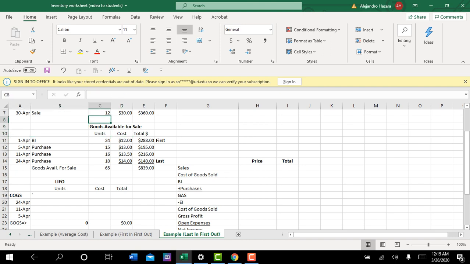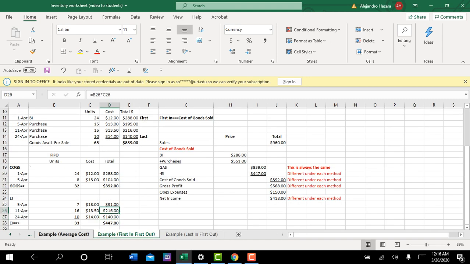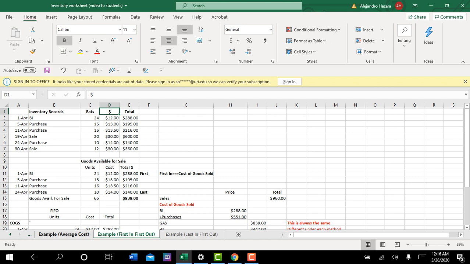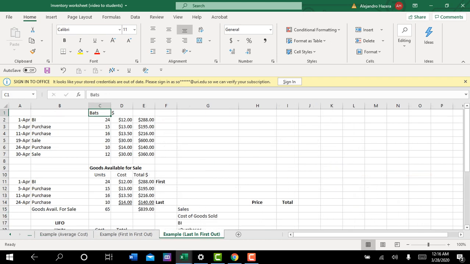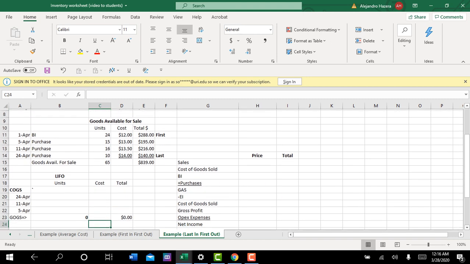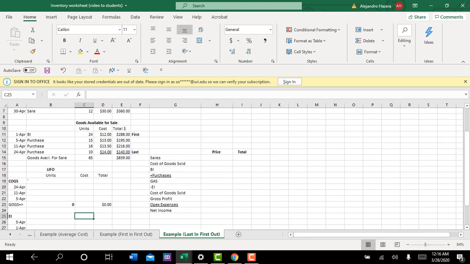So if you go back to the average cost example, I've been using the same data all the way along. Okay, so I've got my goods available for sale, and I'm going to put together my calculation of cost of goods sold and ending inventory.